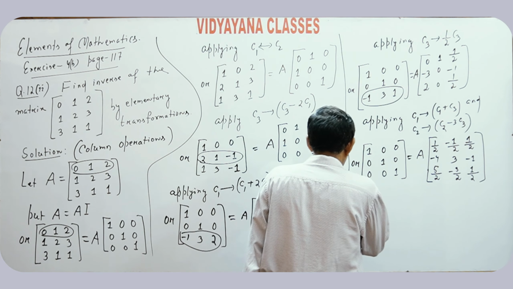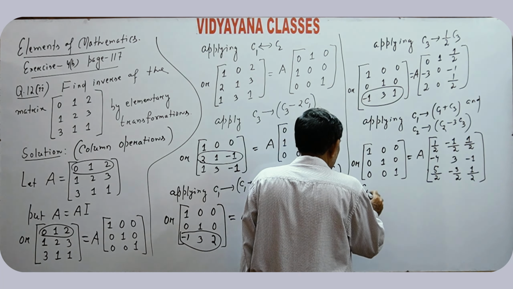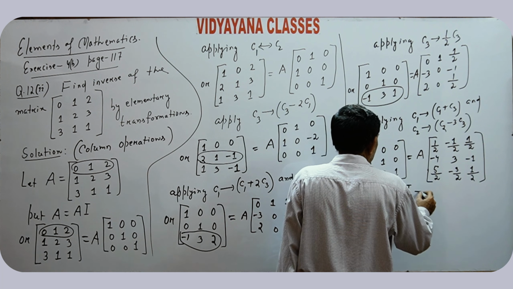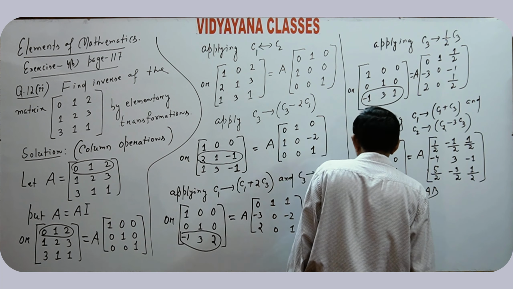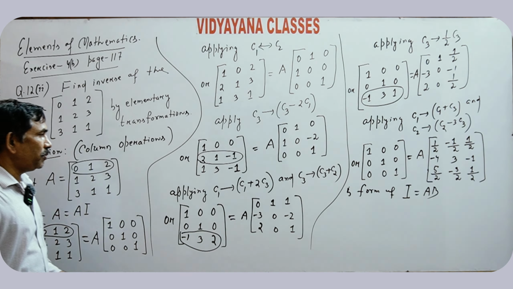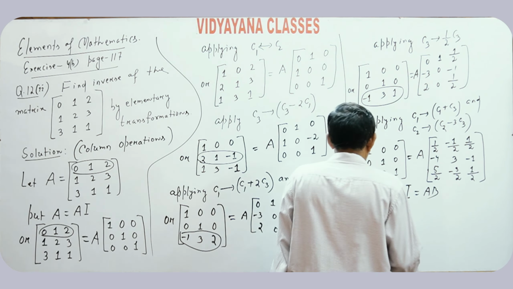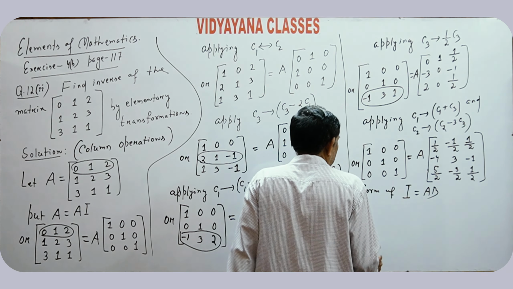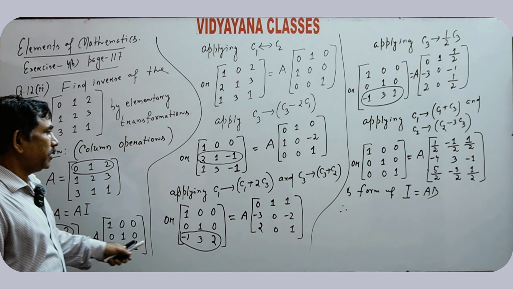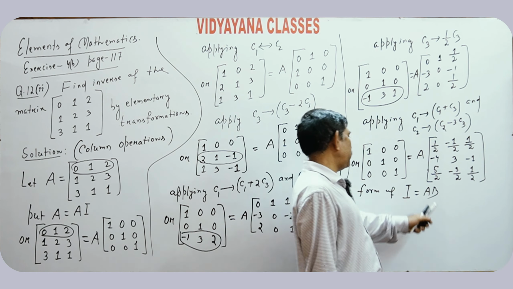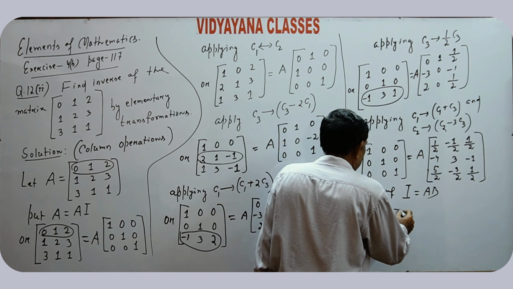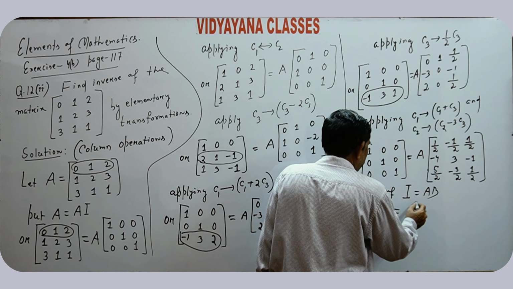It is the form of I is equal to AB. When A equal to AI changes to I is equal to AB, therefore B is equal to the inverse of A. What is the value of B?